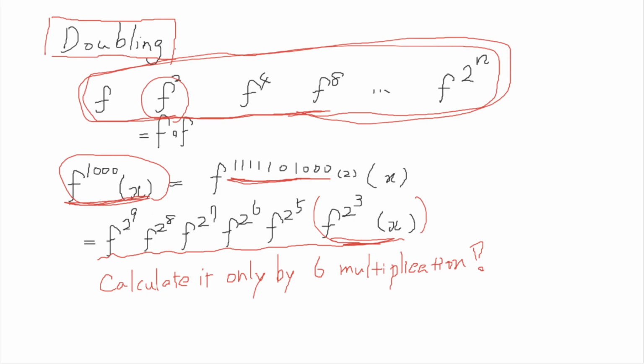So if you know all the values of these functions, you can calculate f to the thousand of x with only 6 multiplications. So this is very amazing. So good method.